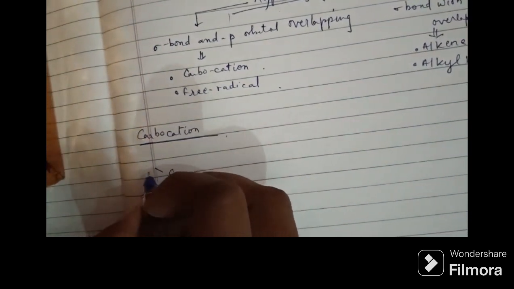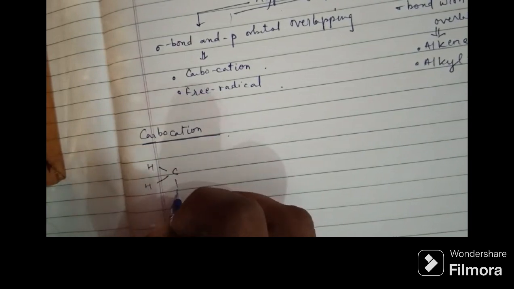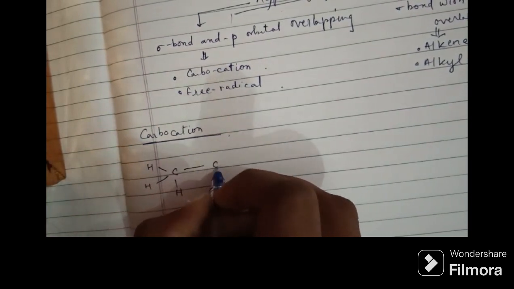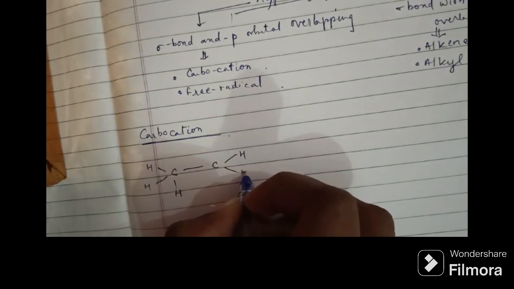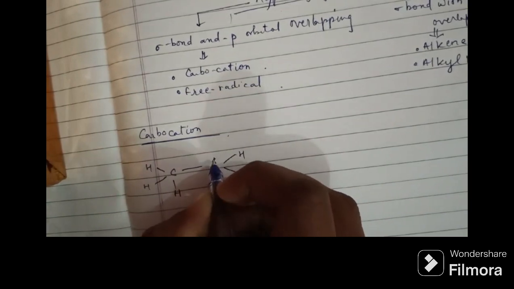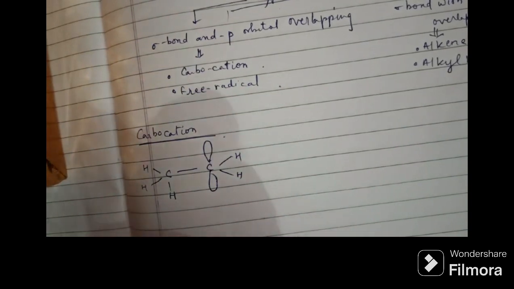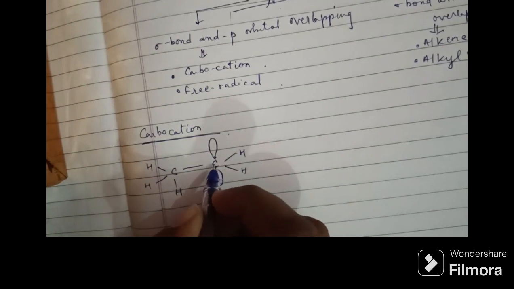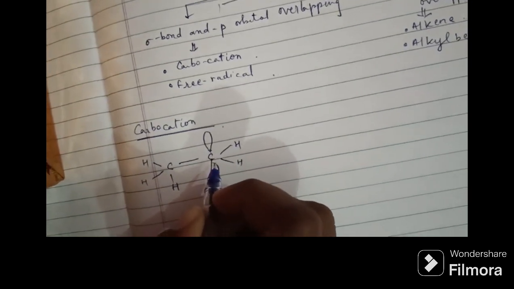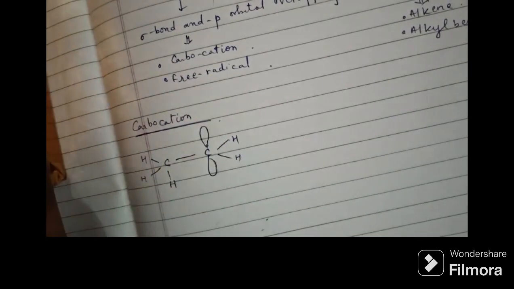The structure of carbocation is carbon attached with 3 hydrogen atoms by single bonds and having a plus charge, that is an empty p orbital. Since this carbon has a deficiency of electrons, because of some difference in polarity the CH bond breaks and this formation takes place.